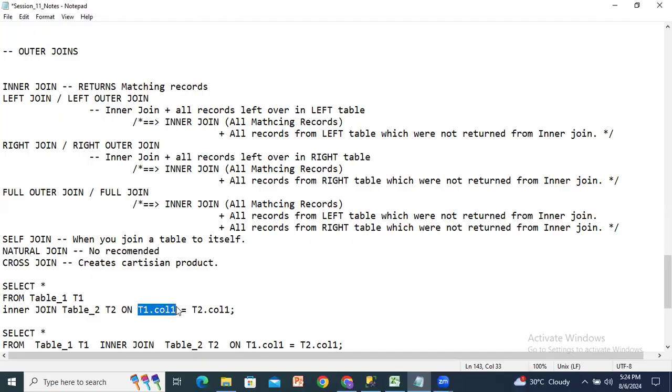T1 dot column 1 means in table 1 we have identified one column that shows the relation between the records. For example, if table 1 is employee, then employee ID will be T1 dot column.